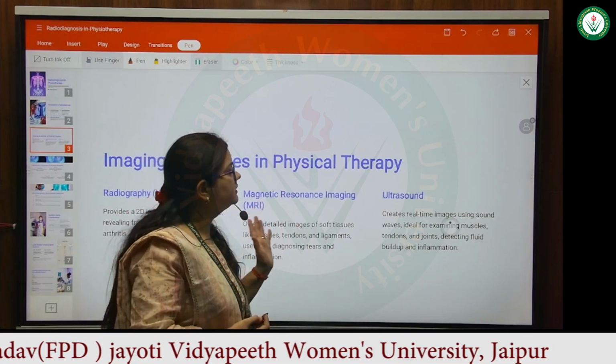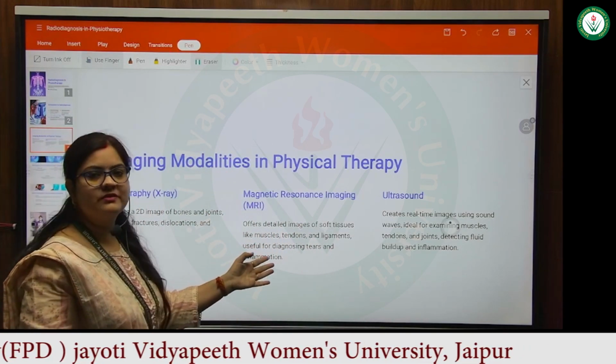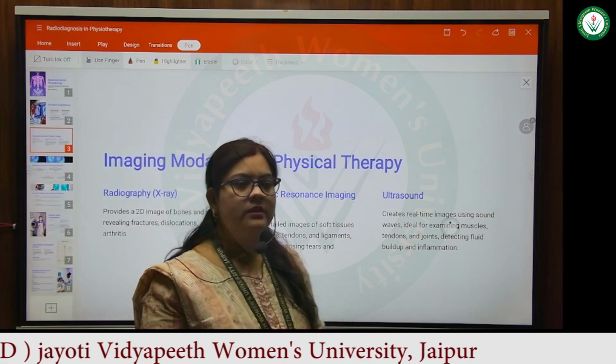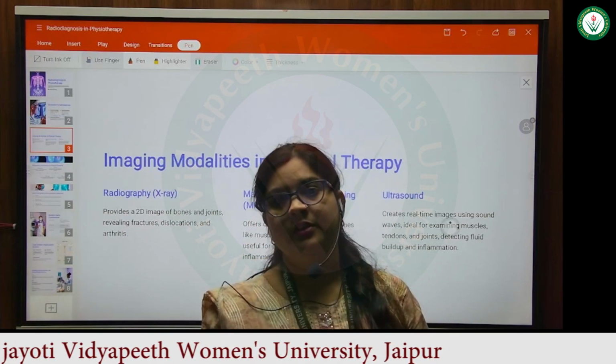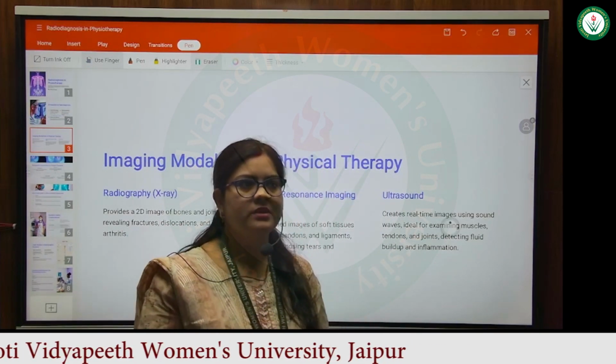So these are the three different types of modalities in physical therapy under radiography which we are using to diagnose the patient condition.